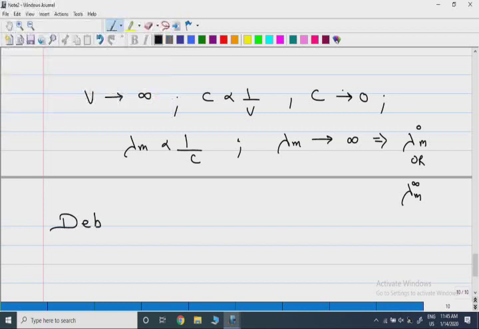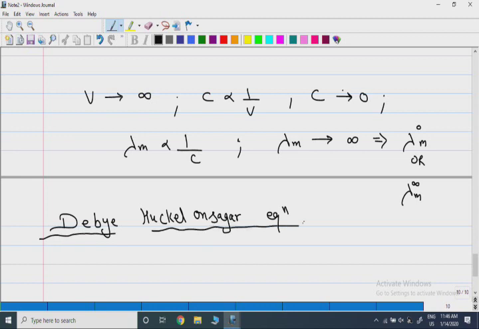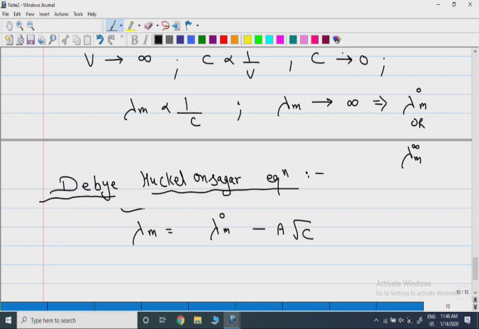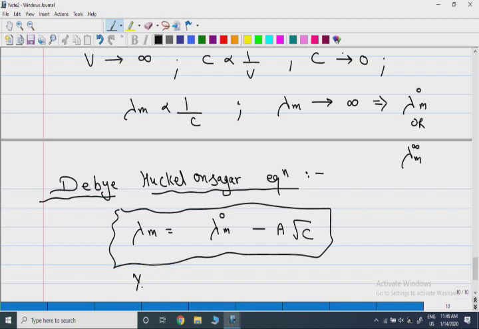This is the Debye-Huckel-Onsager equation: lambda m is equal to lambda naught minus A root C. This is the equation that you need to remember, and this we have plotted on the y-axis and this one on the x-axis.